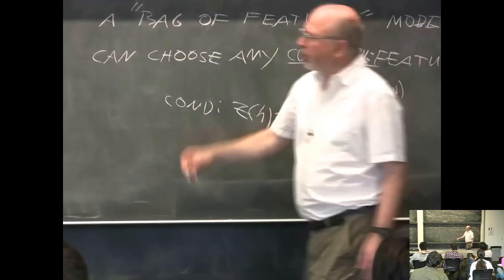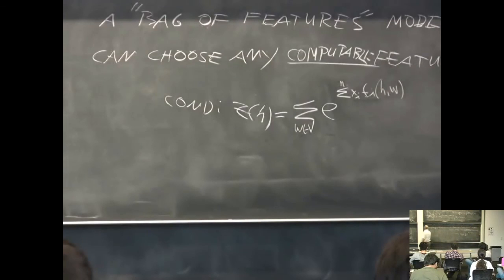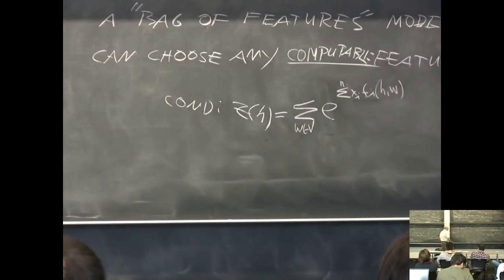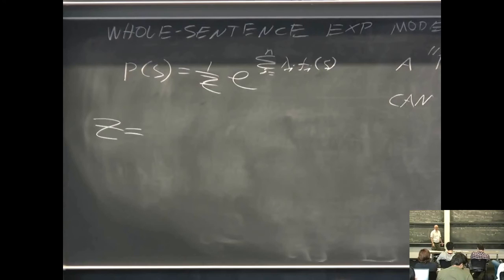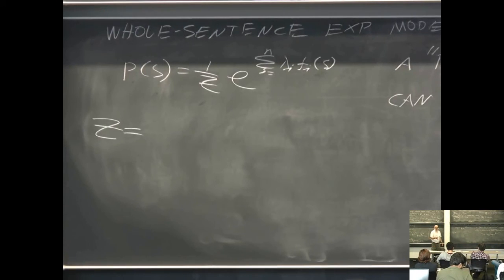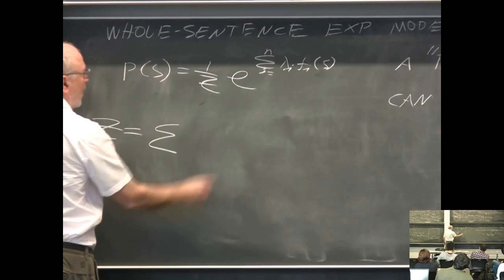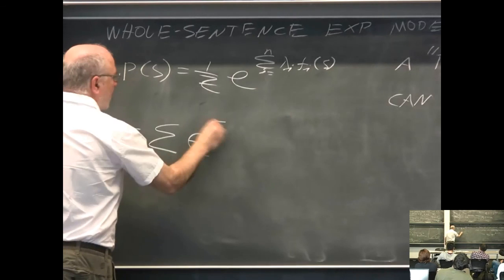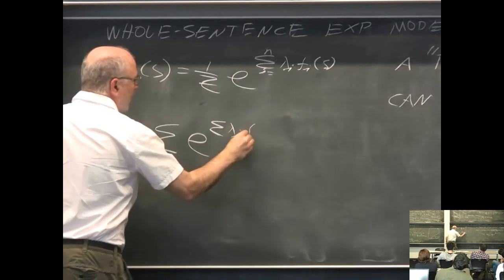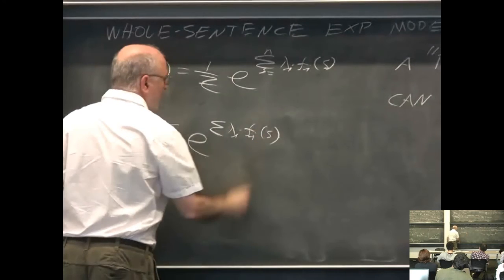What do you need to do here to calculate Z? What is the definition of Z here? The best way to see it is to say the history is null. There's no history. Z is defined as a sum of just this part, e to the sigma lambda i f i of s, sum over what?